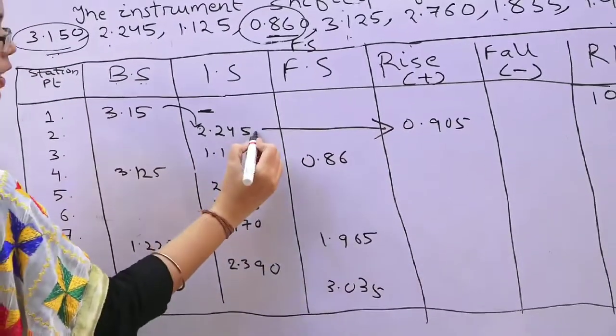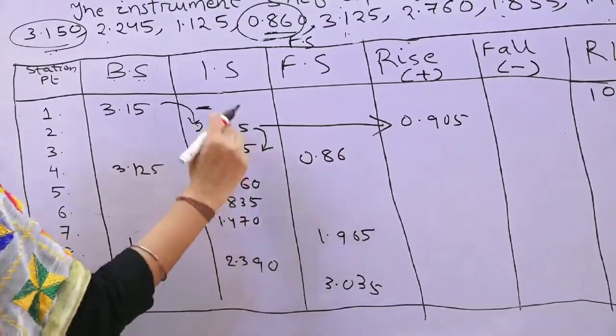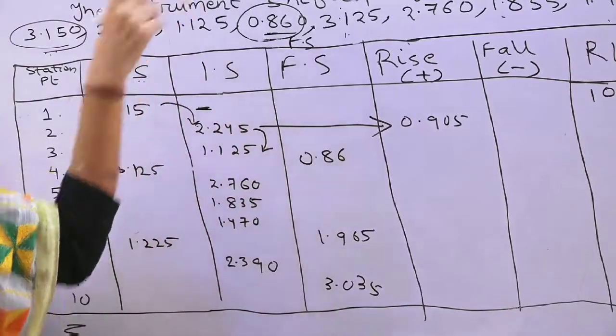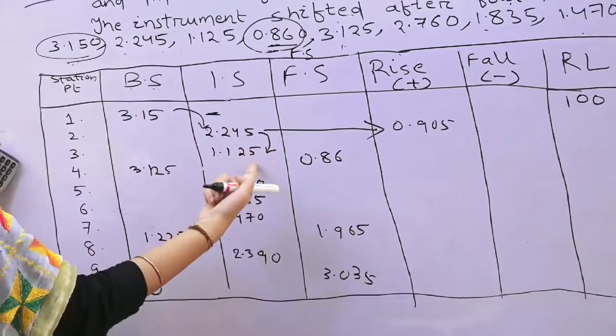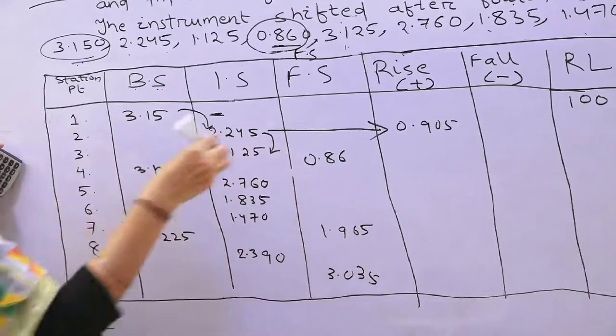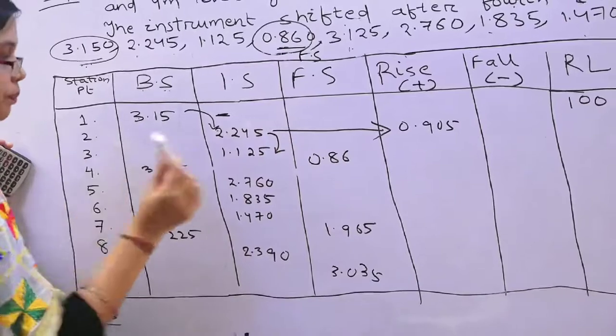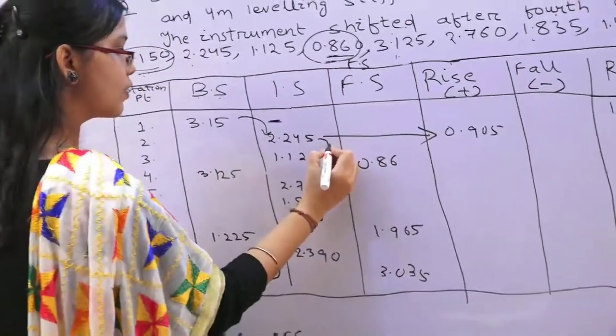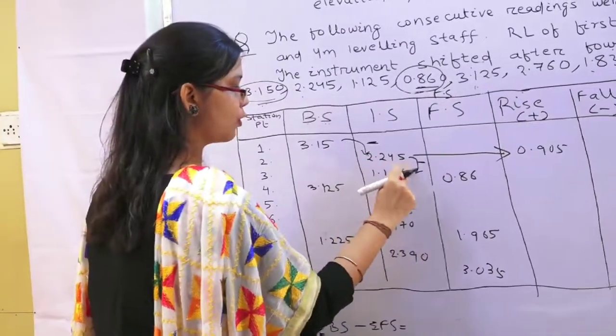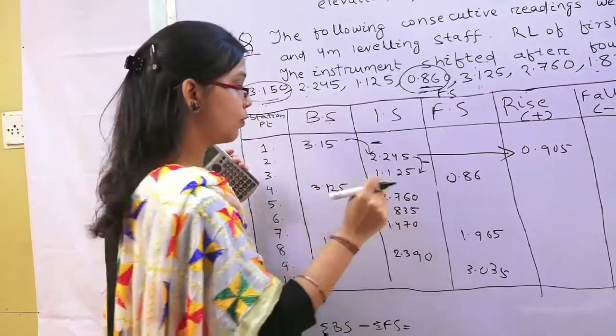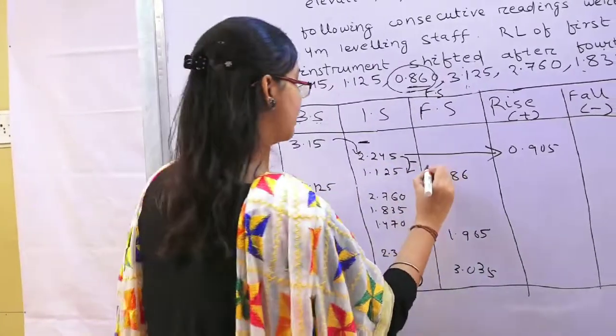Similarly, we will subtract all the consecutive readings and we will get the rise or fall and write down in the column. Now see, this again 2.245 minus 1.125 will get the next reading.